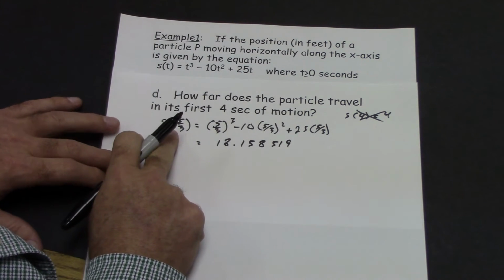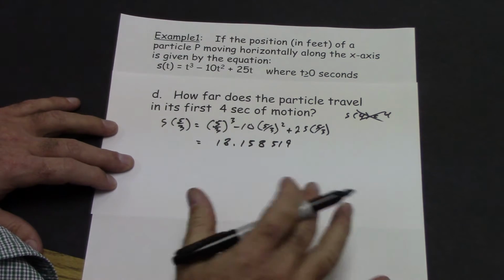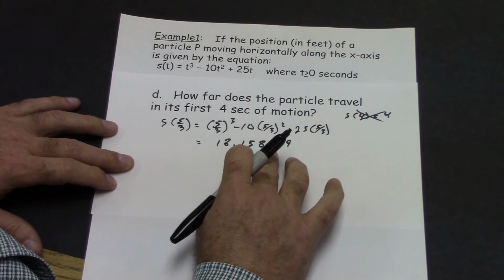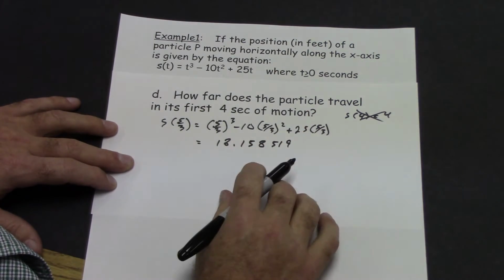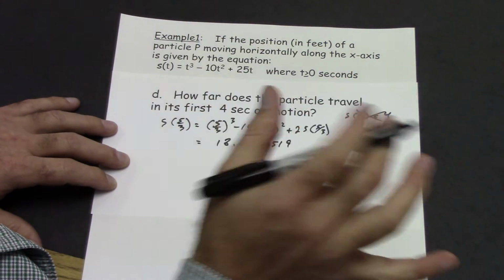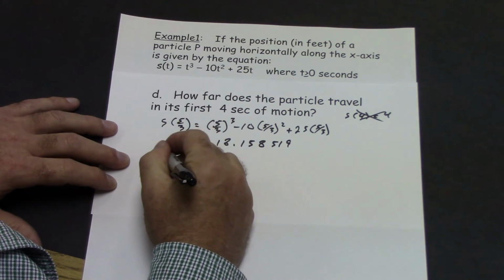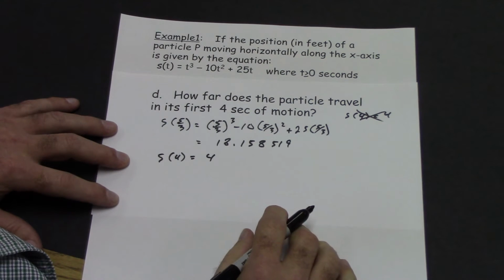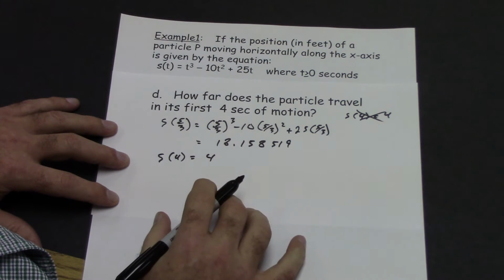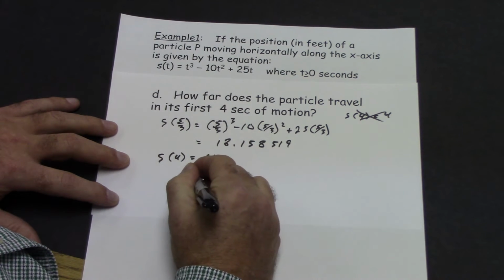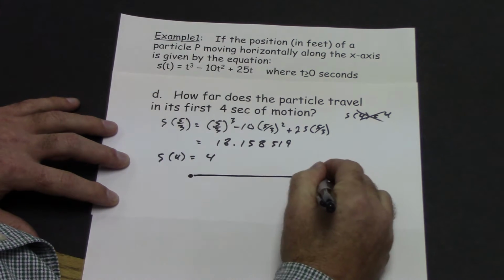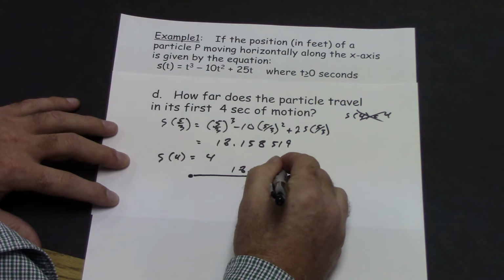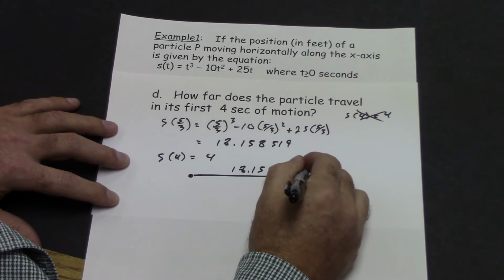So at the first critical number, where the particle apparently changed direction, it's already traveled 18.158519 feet. Now where's the particle after 4 seconds? We said the position of the particle after 4 was 4. So what's happened is this. Imagine the particle at 0 has traveled to the right 18.158519 feet.